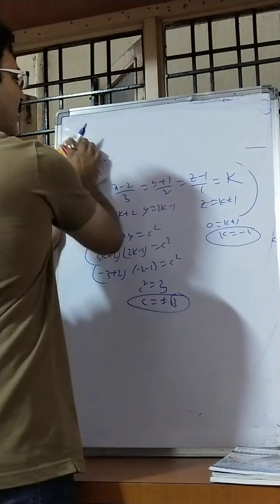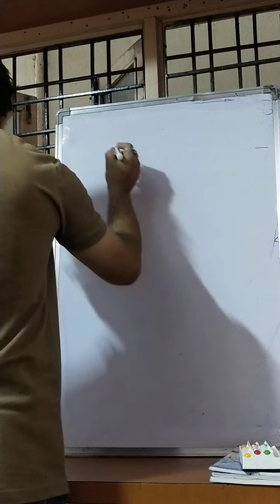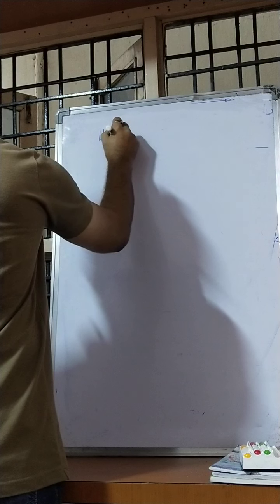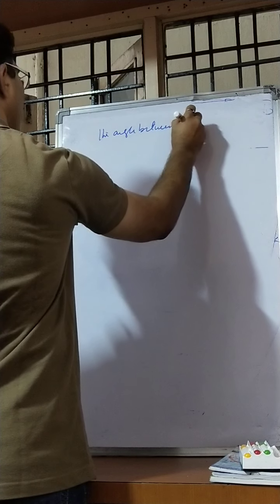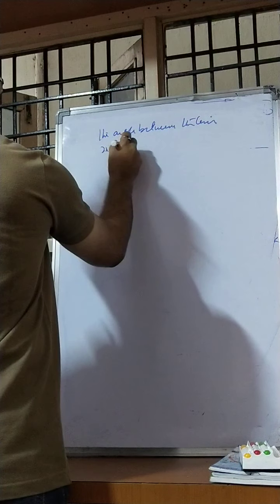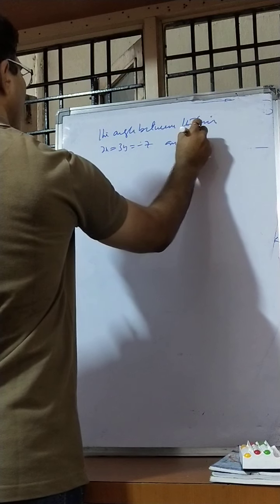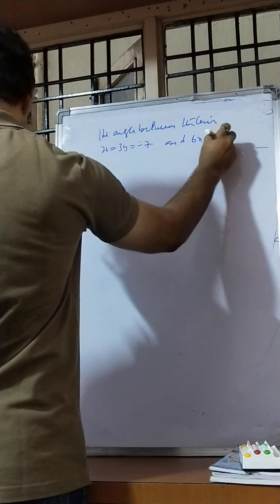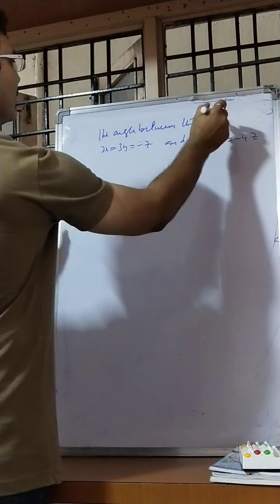Now simply there is sometime what happened, they'll give the line equations. So like this, the angle between the lines 2x is equal to 3y is equal to minus z, and 6x minus y is equal to minus 4z. They'll give like this, 4z is there. Angle between the lines he said.